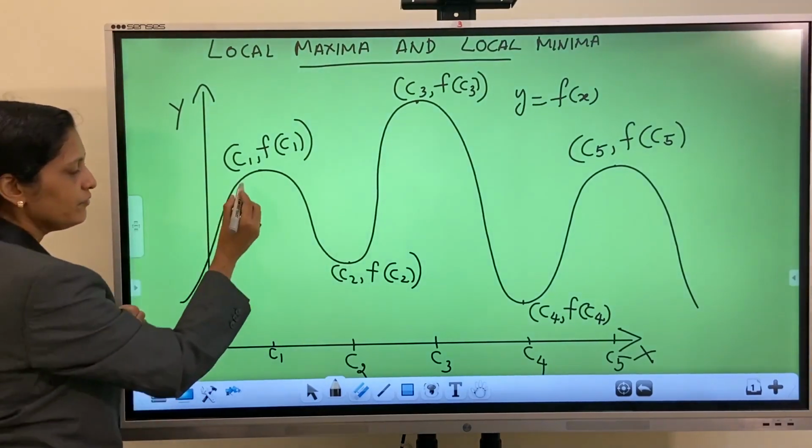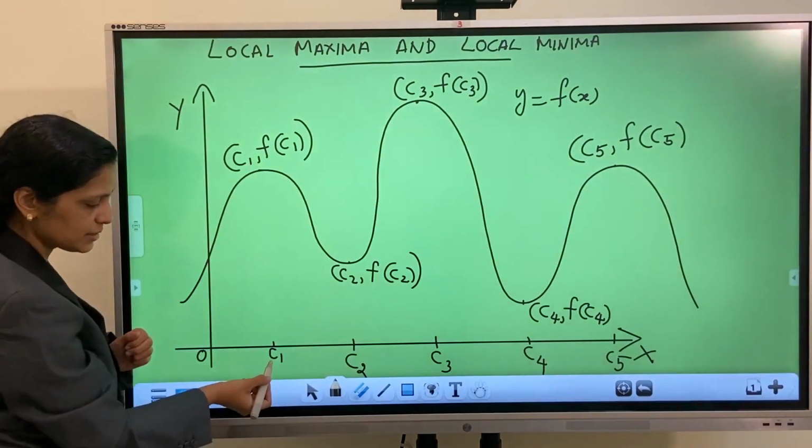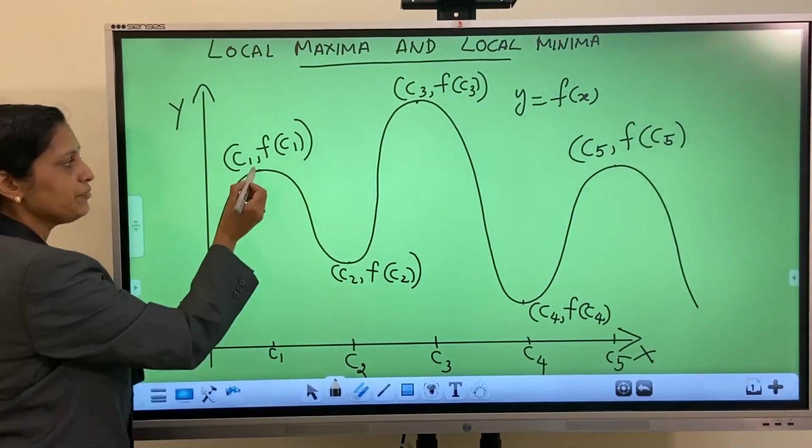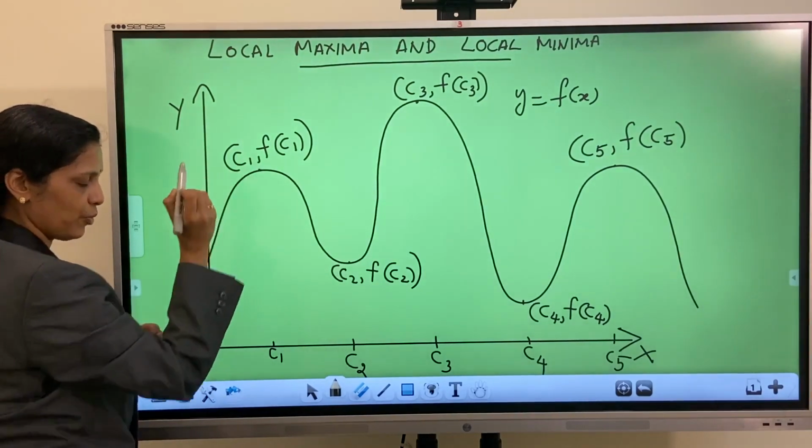Look here, when we are considering this region, here we have on the x-axis the point C1. Therefore, on the graph, C1, f of C1 is this point.